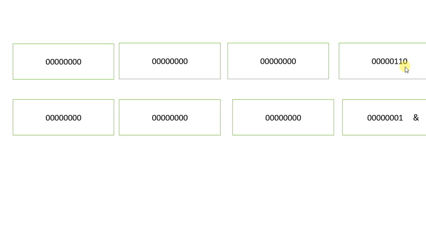In Java, a number is represented by 32 bits, so all the bits are 0 except the last bits, which are 1 and 0. We are only interested in the last bit, the least significant bit, not the other bits.